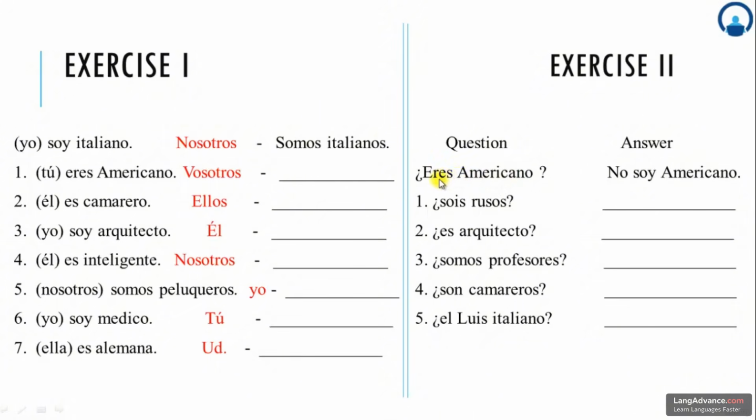This question means, are you American? And I have answered, no soy americano. I am not American. Please refer to the rule of negatives and adjectives if required for writing these answers. The rule stated that the negative comes before the verb. So, no soy americano. In this manner, you have to answer these questions in these blanks or in your notebook.